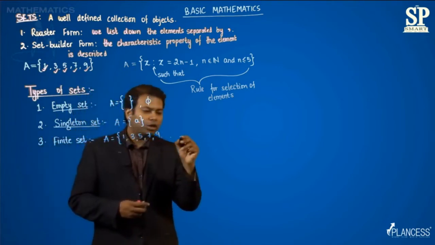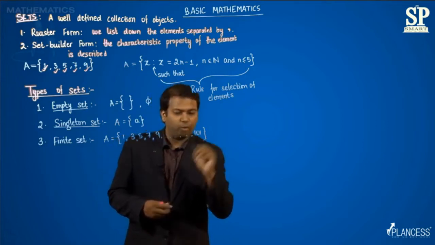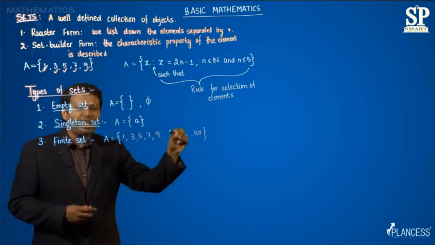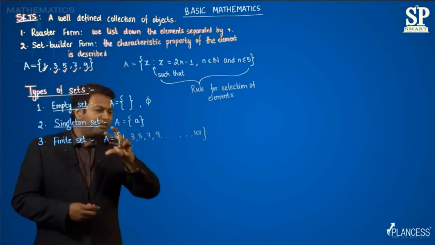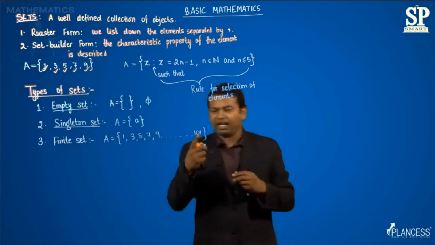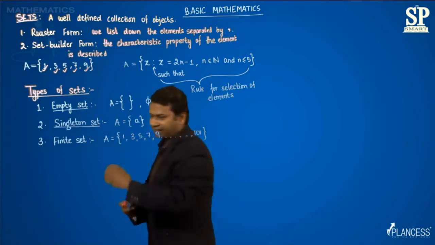It goes on, but the last element is given to us as 101. So if we start explicitly counting each of these elements, we will be able to count all the elements present in the set, and hence this set is an example of a finite set.